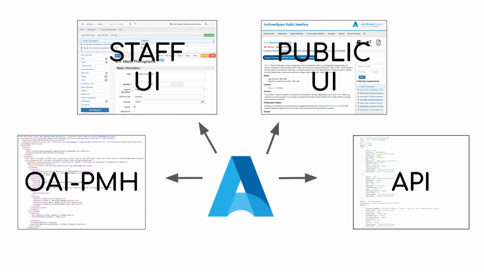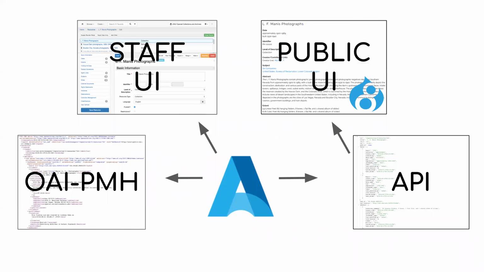Now, as part of this project, we decided that instead of using the public user interface provided by the application itself, we would create a new public user interface based off of the API data.